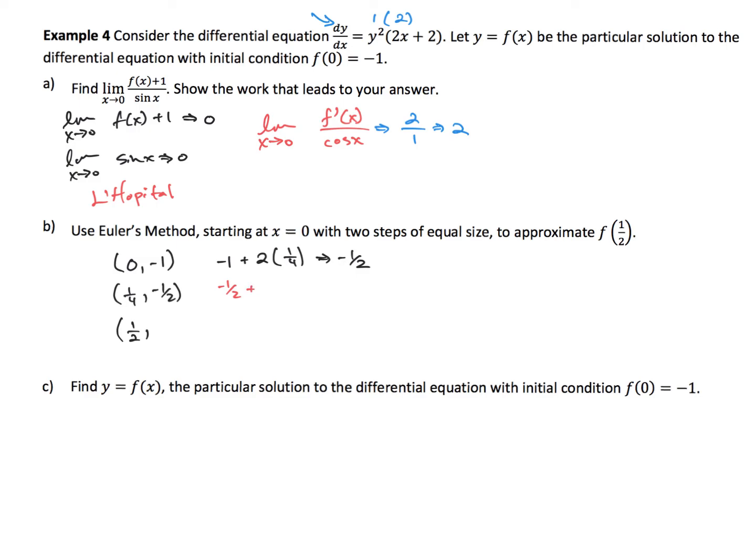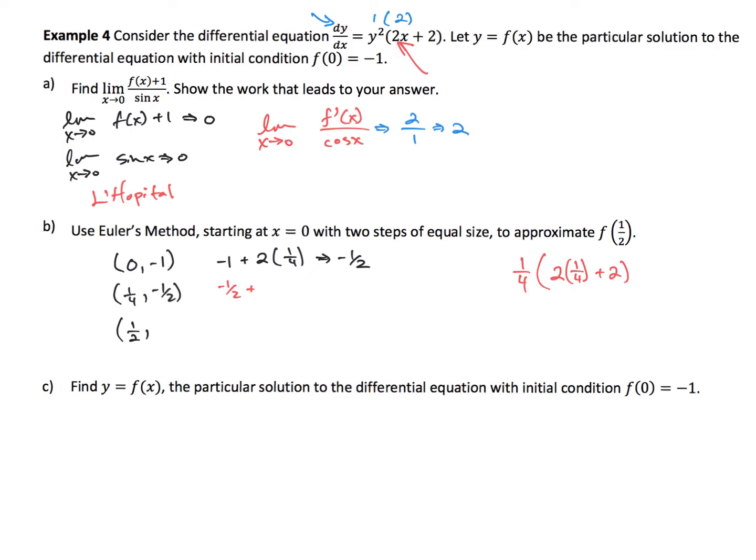This is where fractions will be nice. Let's go off to the side a little bit. All right, so my y squared is going to be what? -1/2 quantity squared is 1/4. You guys see where we're substituting in right there? All right. And then times 2 times what? Just 1/4, right? Yes. And then plus 2. All right. So let's do some stuff here. 2 times 1/4 is 1/2 plus 2.